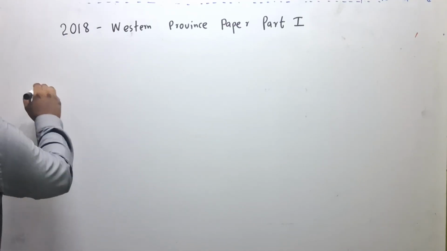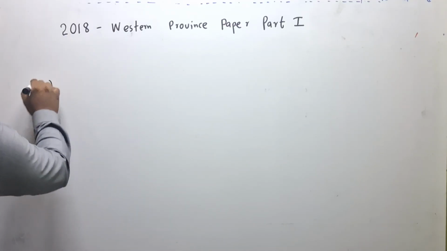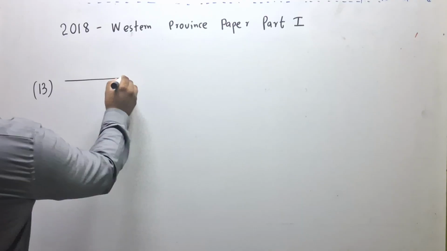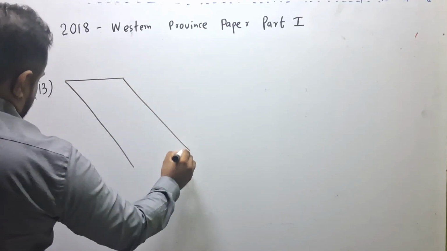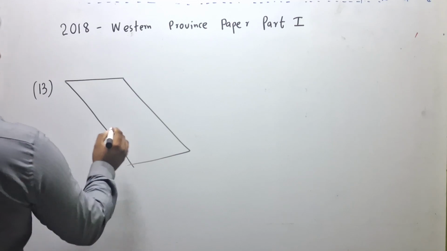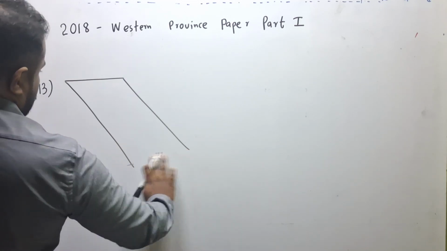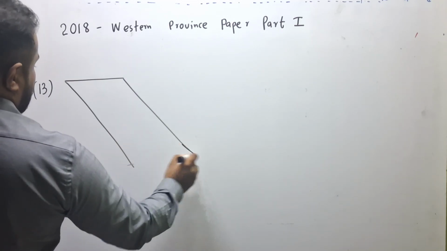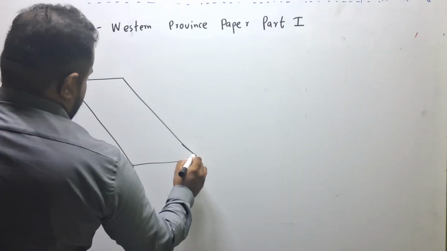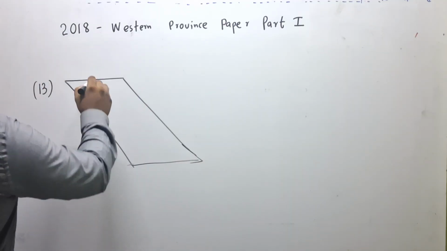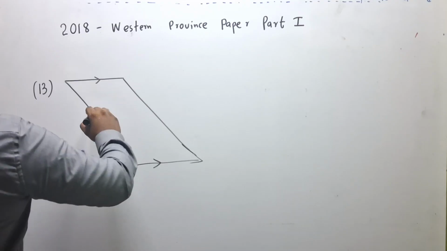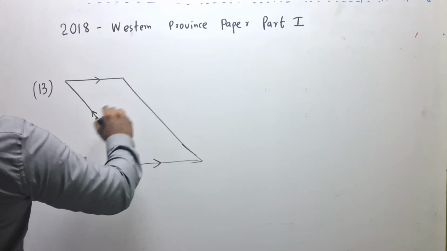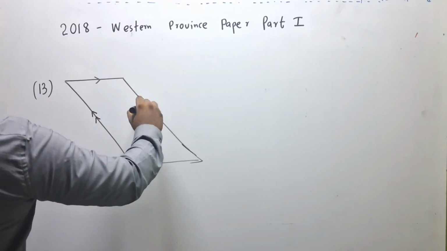This is from parallelograms. What we have to know is, if both pairs of sides are parallel in a quadrilateral, that's a parallelogram. This side is parallel to this side, and the other side is also parallel to the other side.